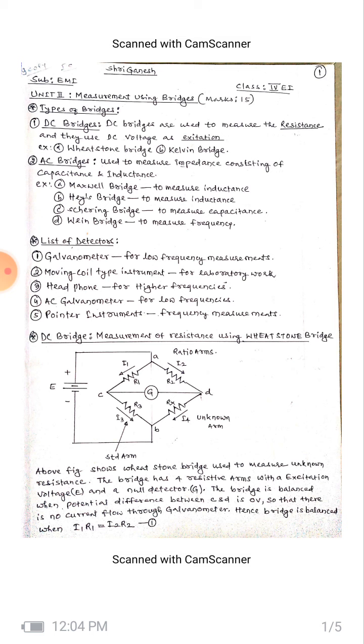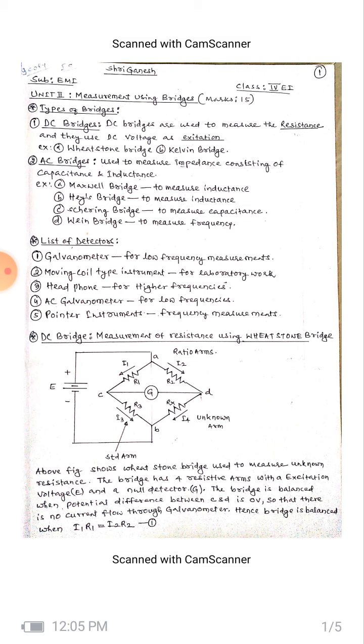The bridge is said to be balanced whenever the potential difference between the points C and D is equal to 0 volt. In that condition there will be no current flow through the galvanometer. When the bridge is balanced, I1 into R1 is equal to I2 into R2.